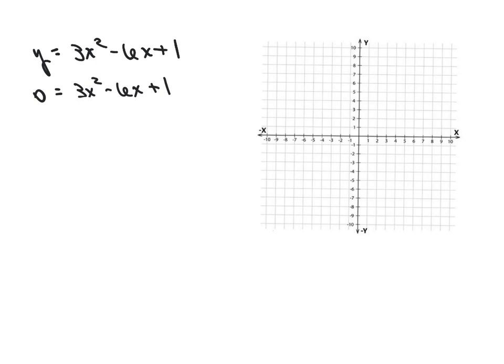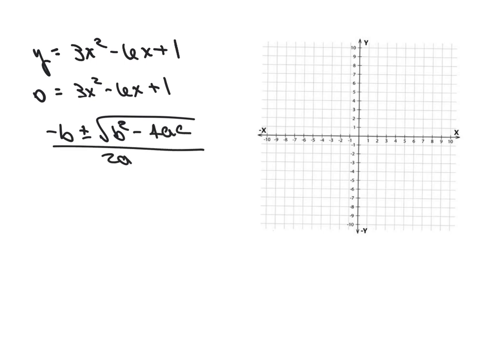So what are we going to do? That gives us no other option except negative b plus or minus the square root of b squared minus 4ac all over 2a. Yuck.